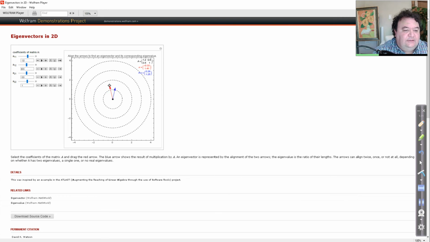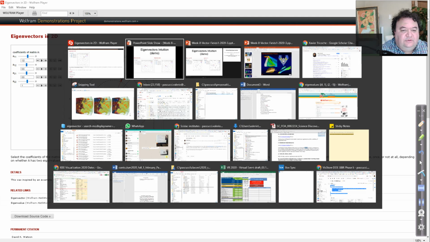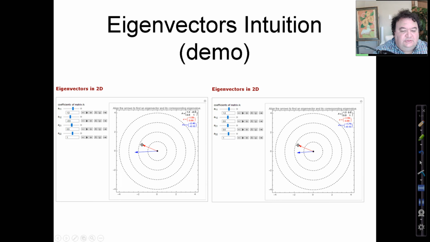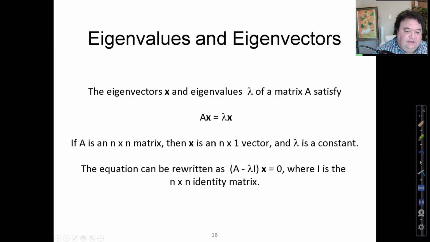I can put in a red vector, and here interactively I can move my input vector. The blue vector is the result of multiplying the vector by the matrix A. So if we look at the equation, what would it mean to be an eigenvector? It means the multiplication of the vector by the matrix is the same as multiplying the vector by a scalar.